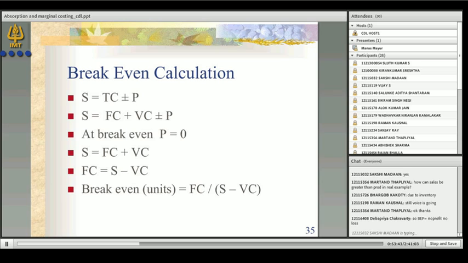So if you are asked to calculate break even in number of units, that will be equal to fixed cost divided by sales minus variable cost, and we know sales minus variable cost is contribution. So break even in units is equal to fixed cost divided by contribution.